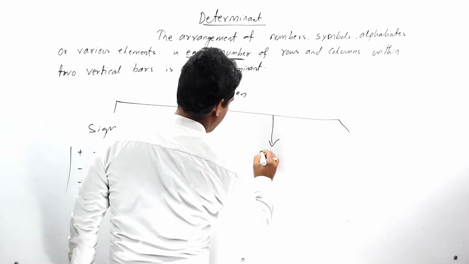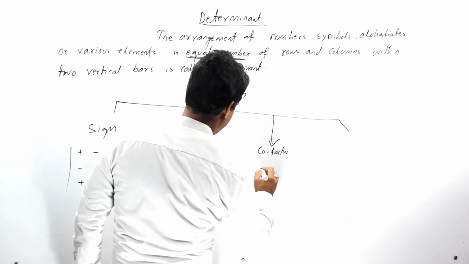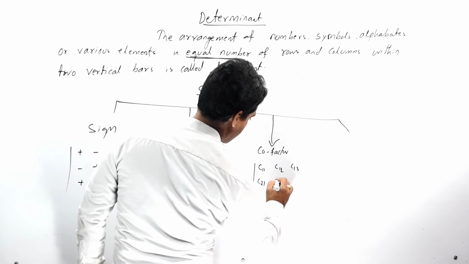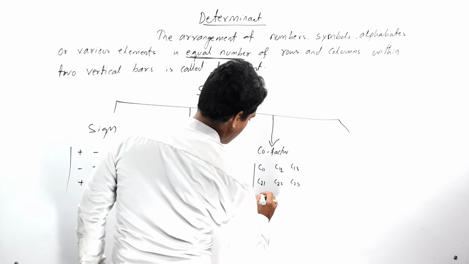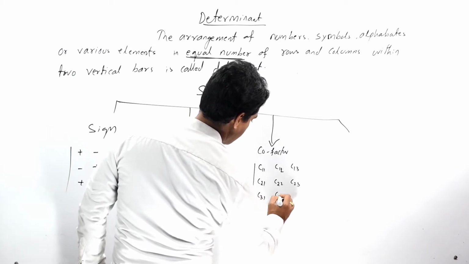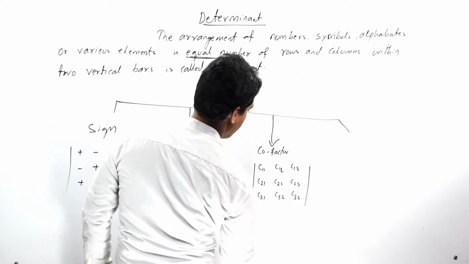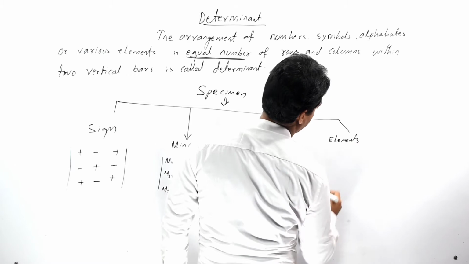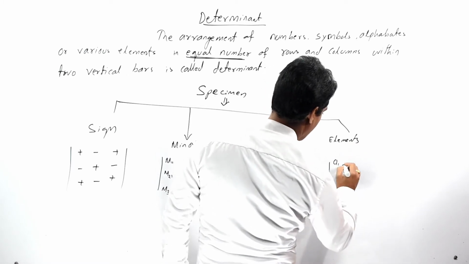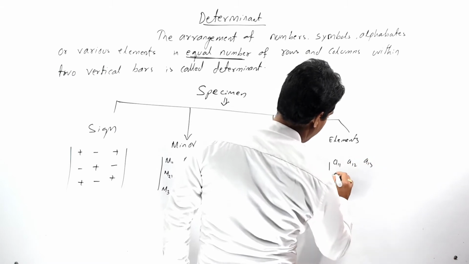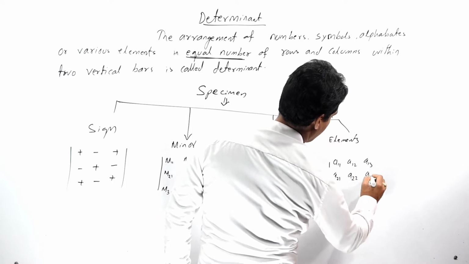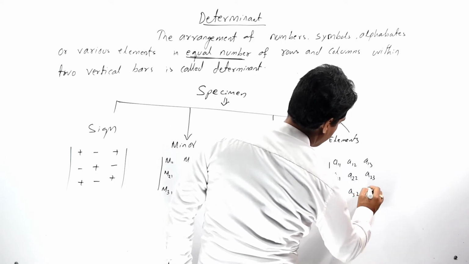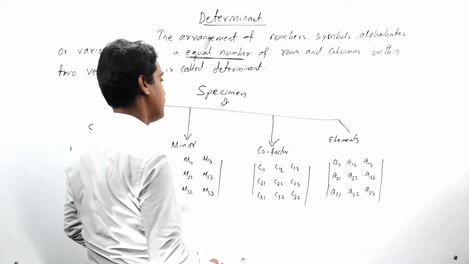The specimen of our cofactor is C11, C12, C13, C21, C22, C23, C31, C32, C33, and the specimen of the elements of a determinant is A11, A12, A13, A21, A22, A23, A31, A32, A33.